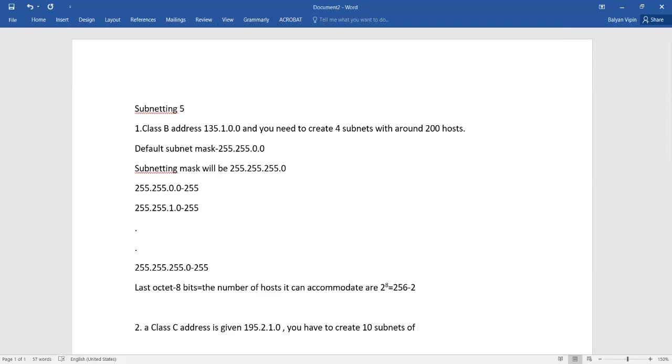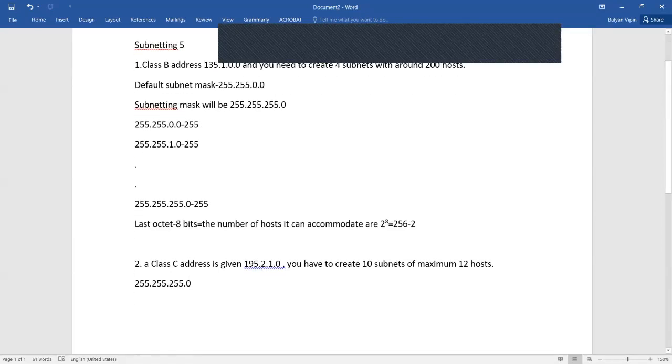of maximum 12 hosts. So it's a class C, that means my default subnet mask is 255.255.255.0. If you see how many bits we are left with, in class C you cannot change the first three octets, so the only possible changes are here.